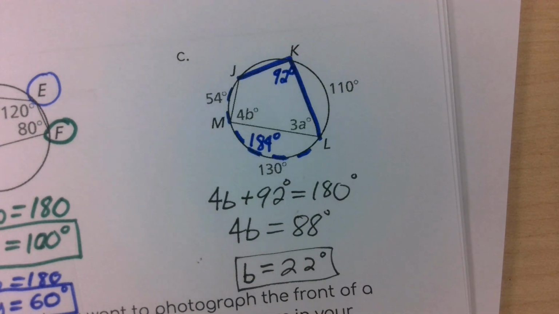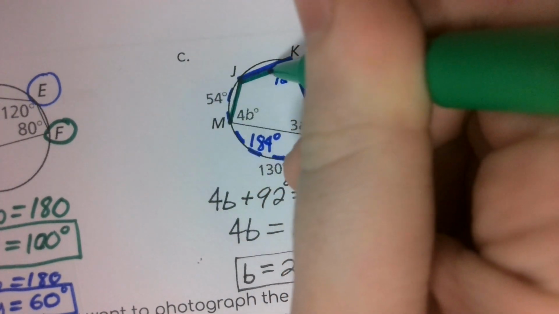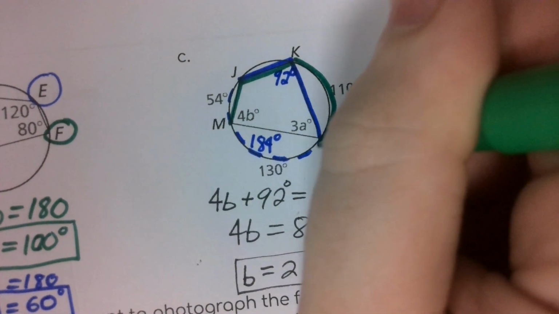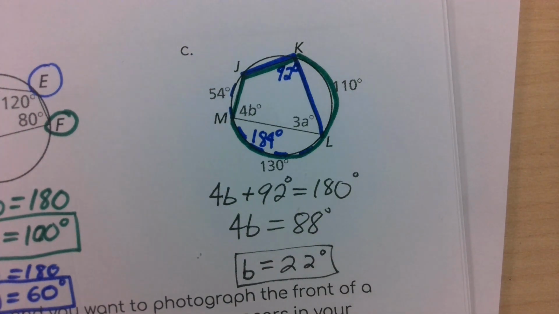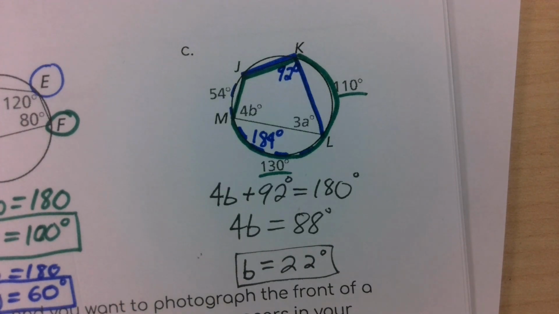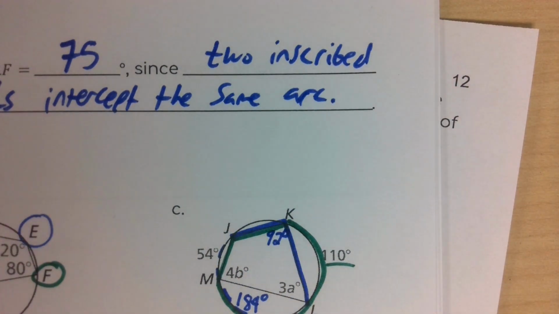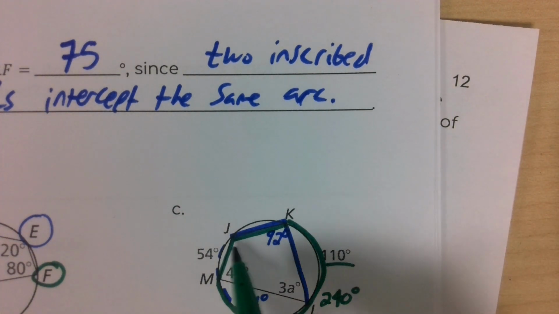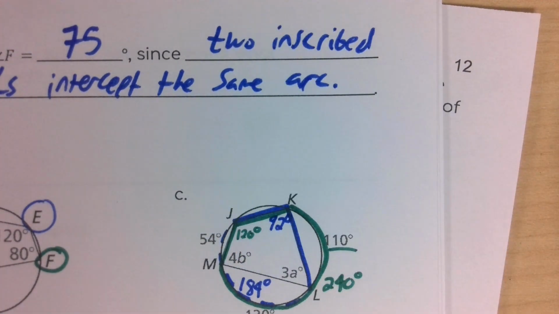We can do the same exact thing for angle J. Angle J here, that I've marked in green, intercepts this big arc KLM. KLM is made up of 110 degrees plus 130 degrees. That's 240 degrees. So this big arc is 240. That means the inscribed angle is half of that, 120 degrees.